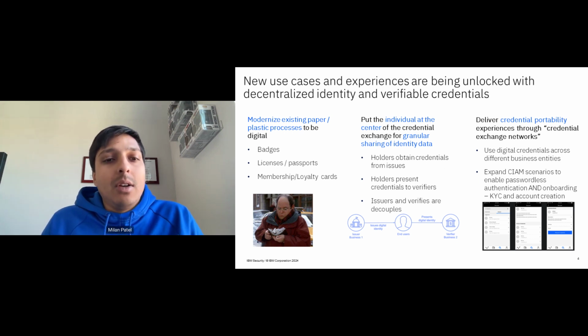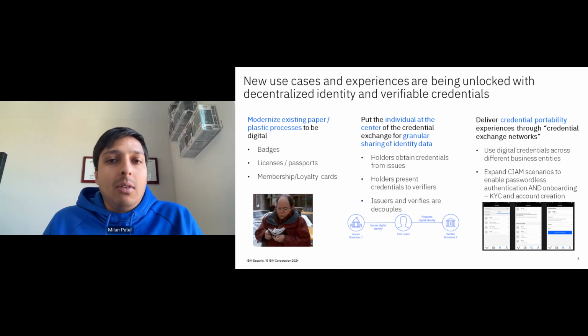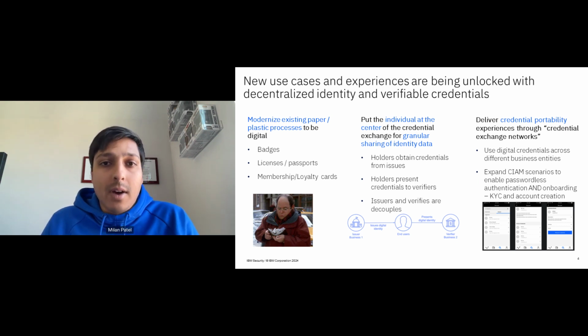The second driver here is putting the user at the center of interactions. When we talk about this, it's really flipping the model of the relationship between identity providers or issuers and verifiers or relying parties or service providers.